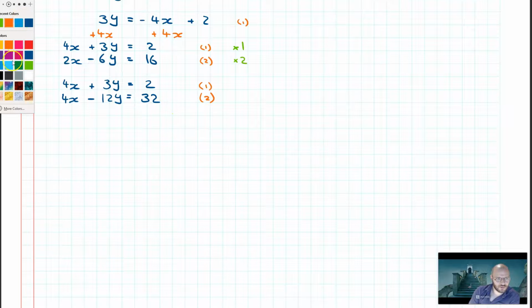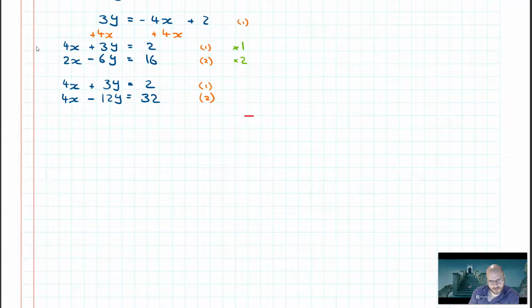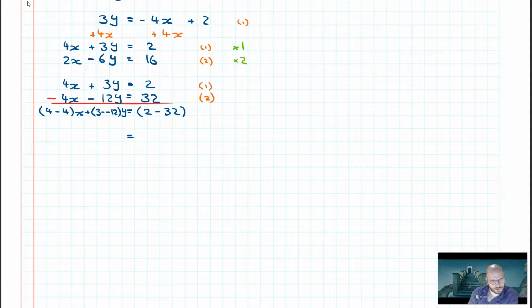Now in the next step I'm going to subtract equation 2 away from equation 1. Performing this, 2 take away 32, 4x take away 4x, then 3y take away negative 12y, a little bit squished. This yields a result of 0x plus 15y is equal to negative 30.